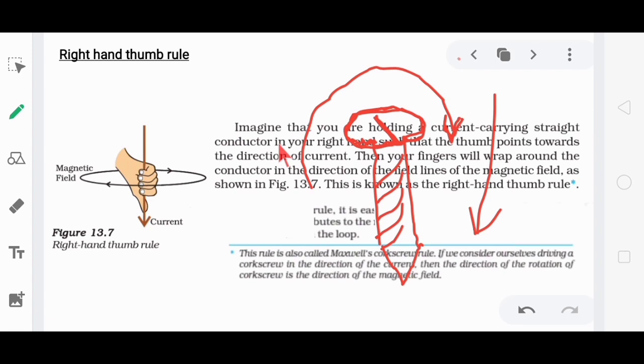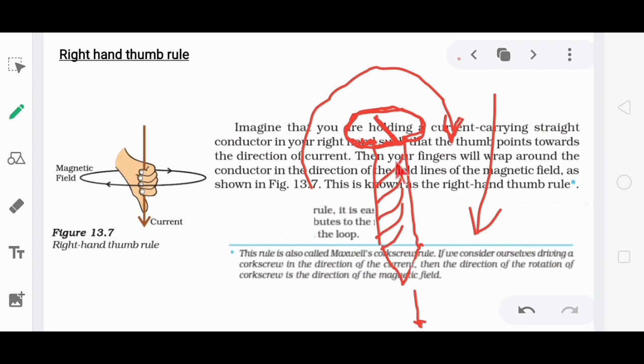So we can say this screw moves in downward direction, which is being pointed out here, and we have to turn this screw in clockwise direction.